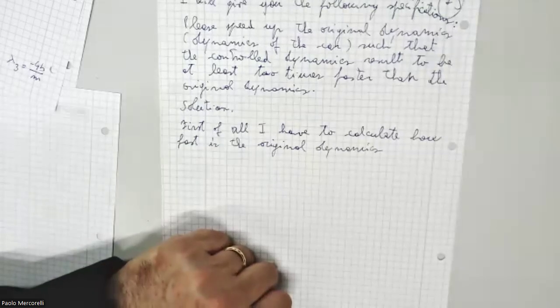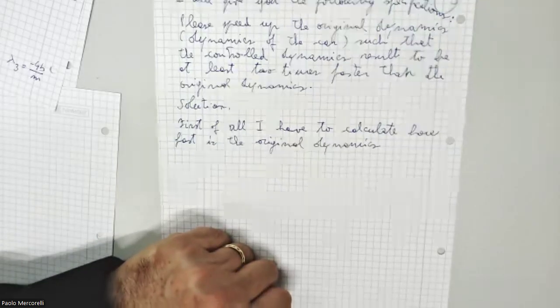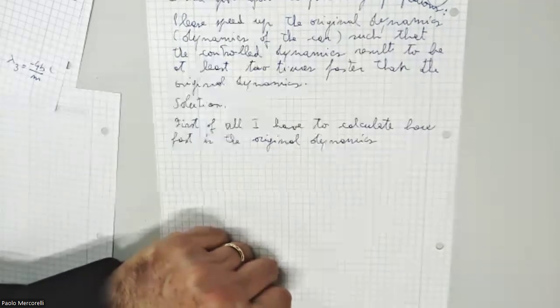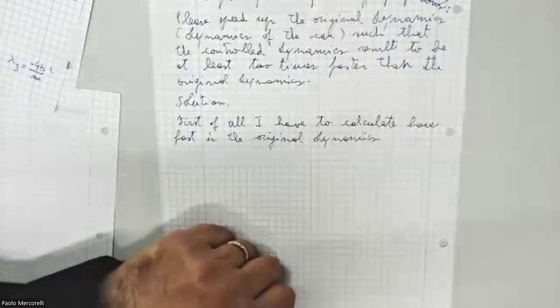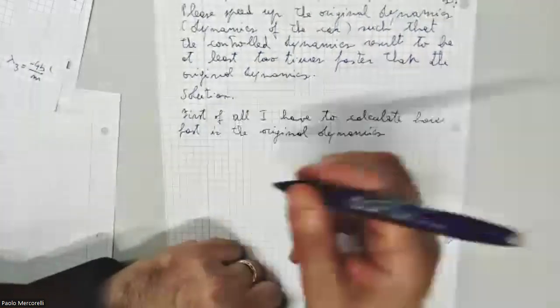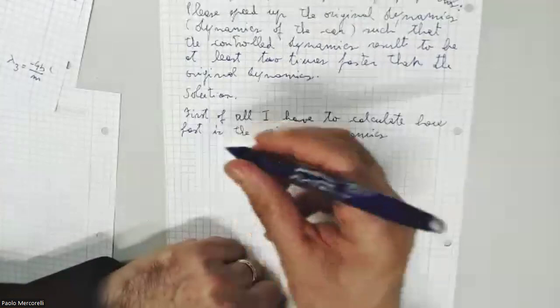How can we calculate? I have to calculate the lambda. Now, the lambda reflects, the eigenvalues reflect the dynamics. I told you last time, I repeat it. Now I will repeat again. This means, what is the original dynamics?